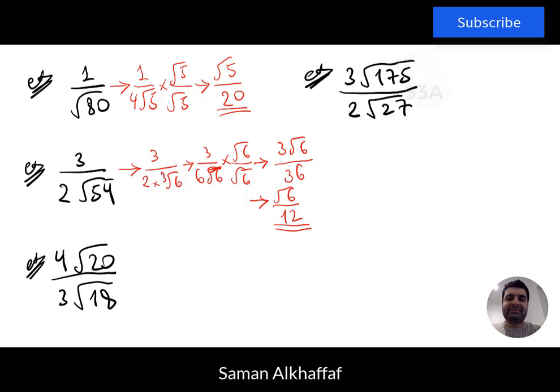In this example, we have 4 root 20 divided by 3 root 18. Similar scenario, ideally it would be preferable to simplify the roots first.